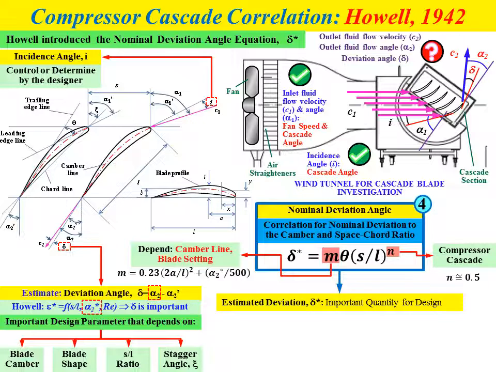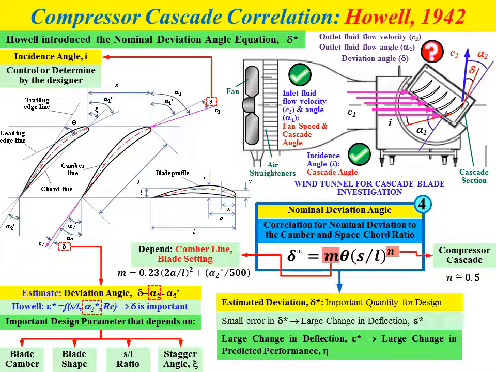Okay, so this equation will give us the estimated deviation delta star, which is an important quantity for the design of compressor blades. A small error in delta star, the estimated or nominal deviation angle, will cause a large change in the deflection angle, the nominal deflection angle.